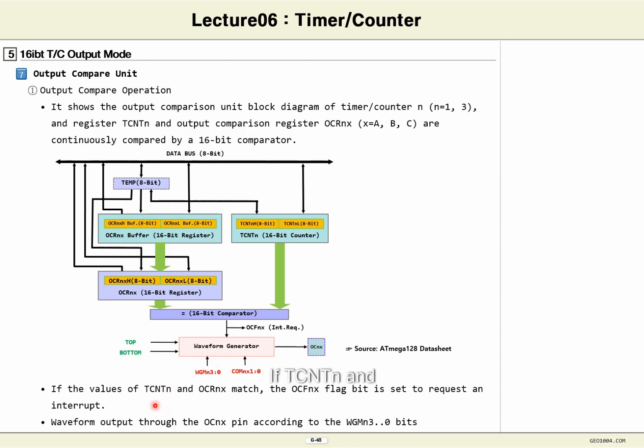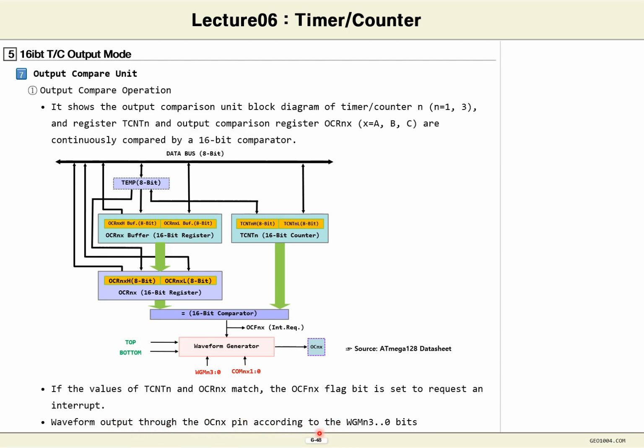If TCNTn and OCRnX match, and the OCFnX flag bit is set, an interrupt will be requested. The output waveform is output through the OCnX pin.